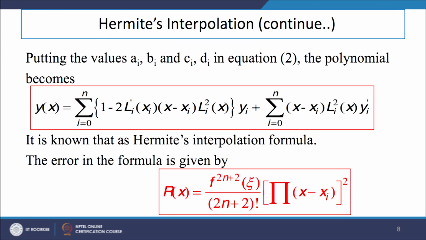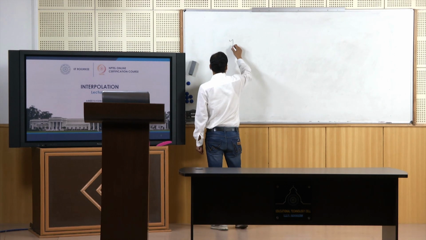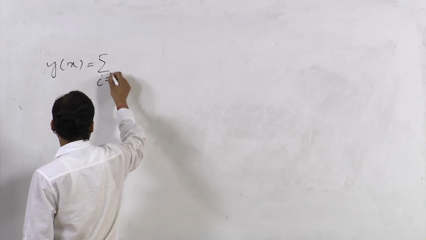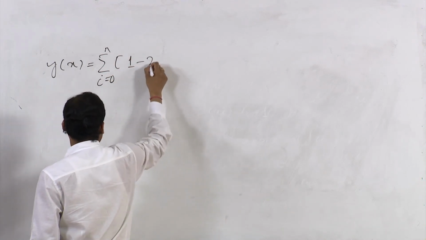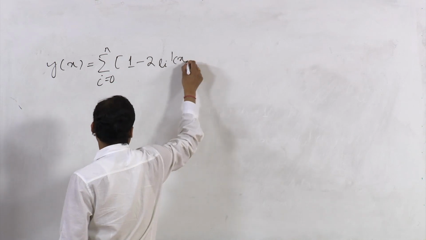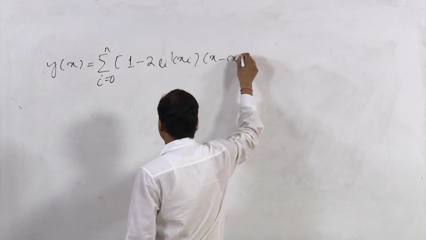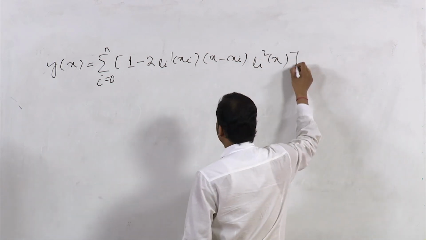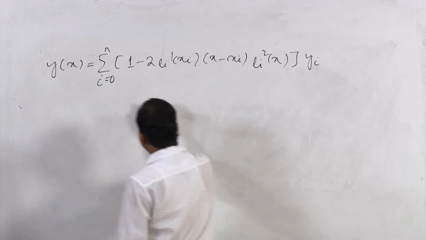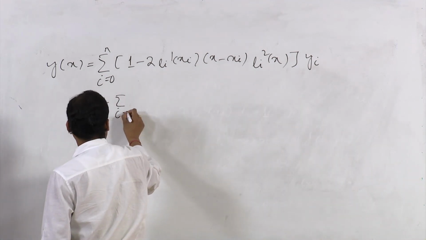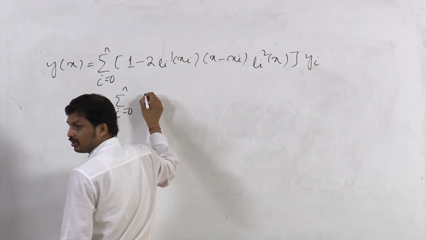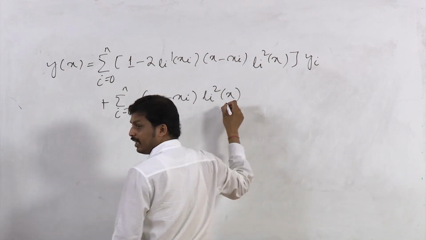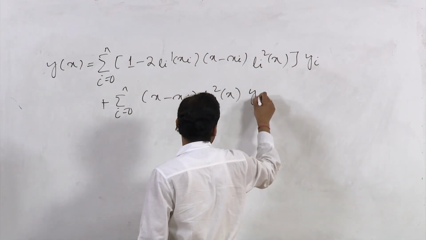So in a complete form, if you will just write this one, it can be represented in the form of y of x equals to summation of i equals to 0 to n, 1 minus 2 li dash of xi into x minus xi into li square of x into yi, plus summation of i equals to 0 to n, x minus xi into li square of x here into yi dash.